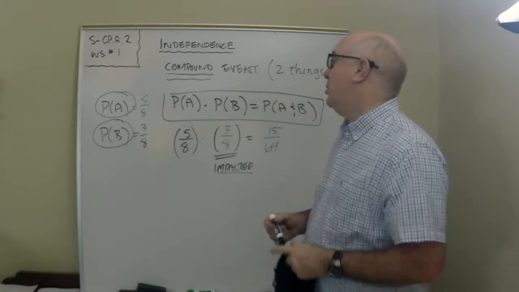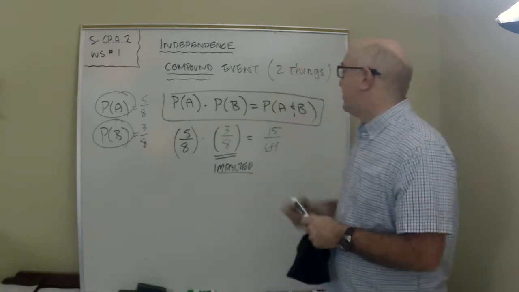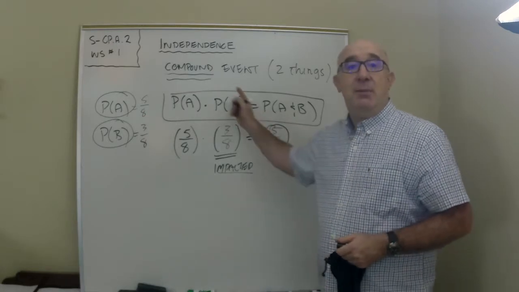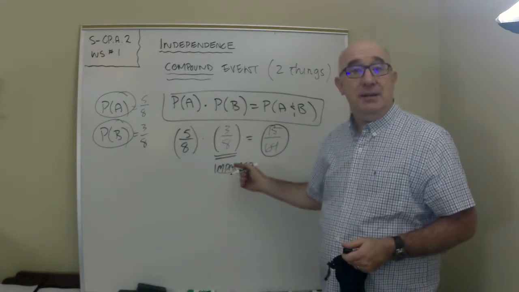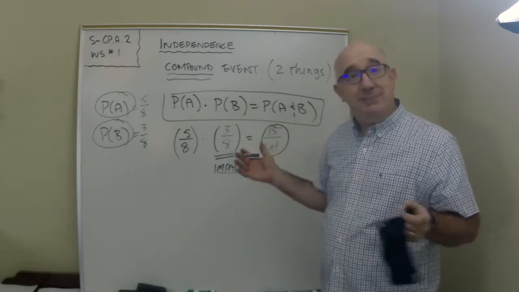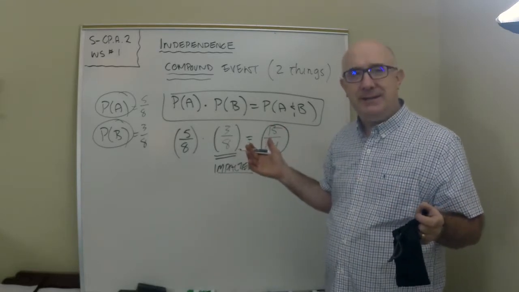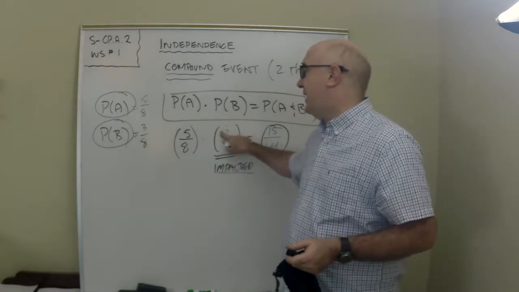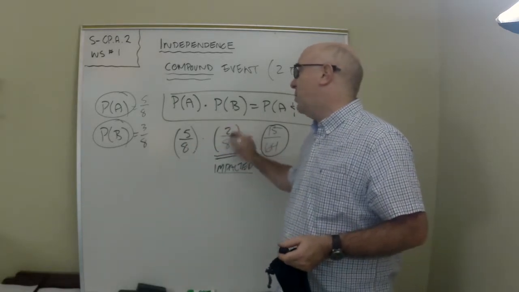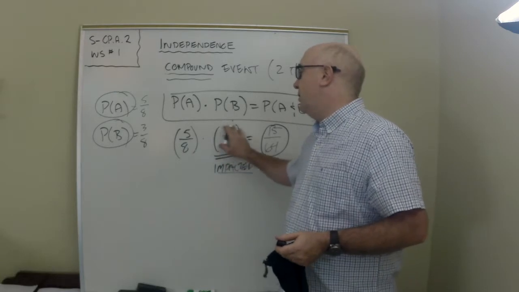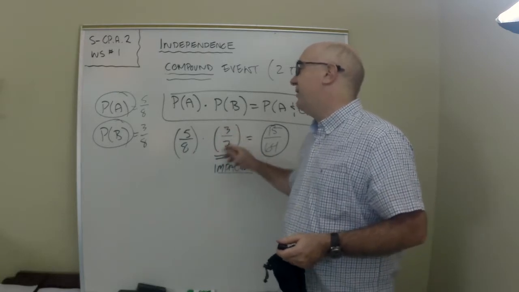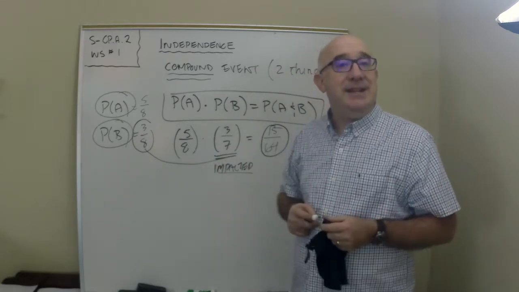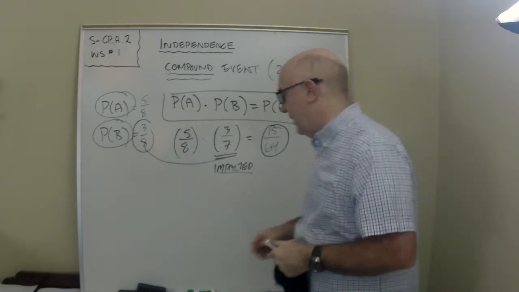So the idea, though, is that if you go to the intersection, whatever it is, and it is simply the probability of A times B, then they were not impacted at all and they're independent. Do you get it? If they don't get changed... if this guy does get changed, oh, there's one less white and there's one less marble, if this number starts changing, then it became a dependent environment.